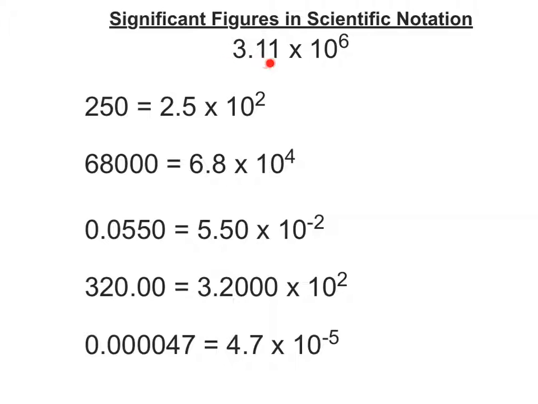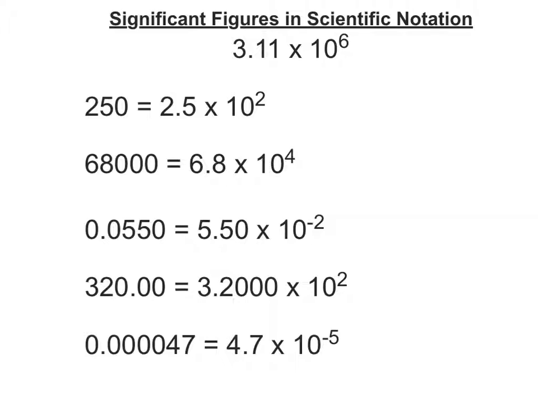The coefficient is always a number more than 1 and less than 10. All the numbers in the coefficient are significant. The exponent is not significant, it's just a placeholder.